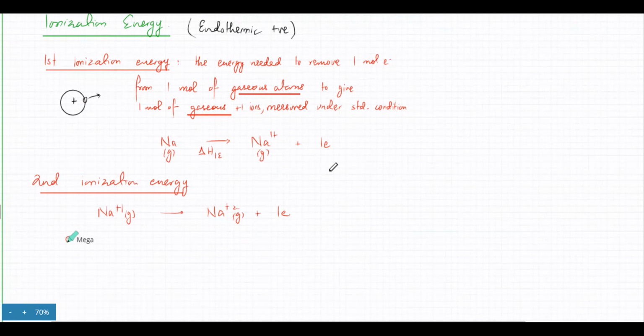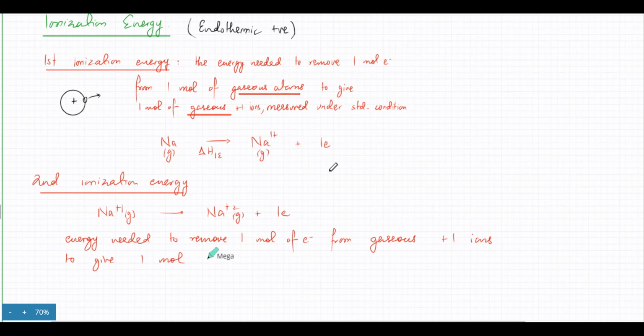It is the energy needed to remove one mole of electrons, but this time from one mole of gaseous plus one ions, because the first electron has already been removed, to give you one mole of gaseous plus two ions, and measured under standard conditions.